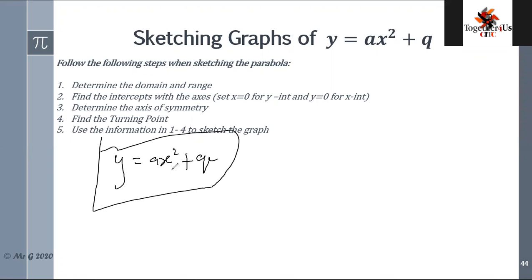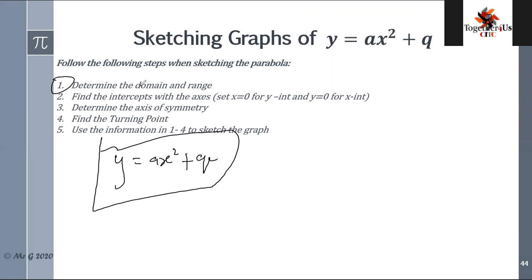If you want to sketch a graph in this form, first of all, my advice, start by determining the domain and the range so that you've got a clear picture of how big your scaling has to be when you have to draw the axis yourself.